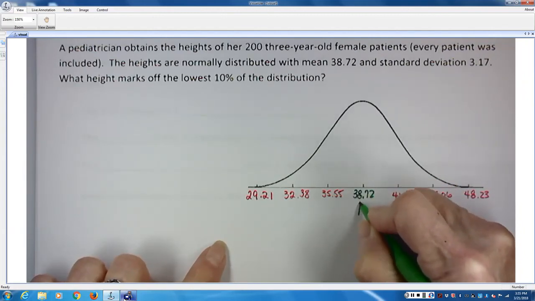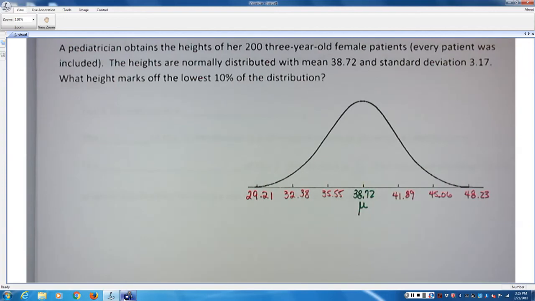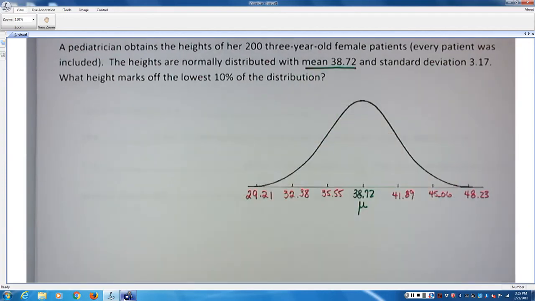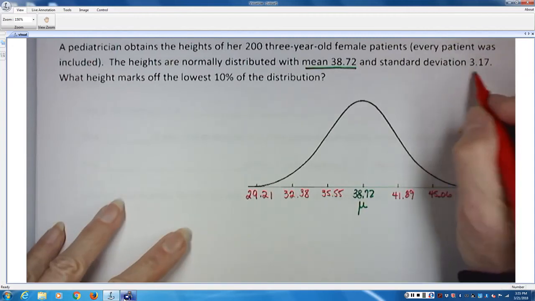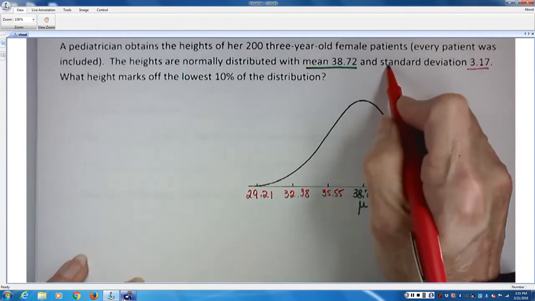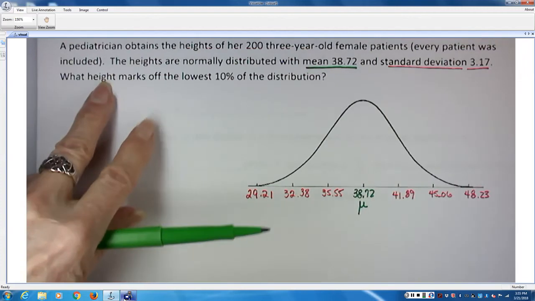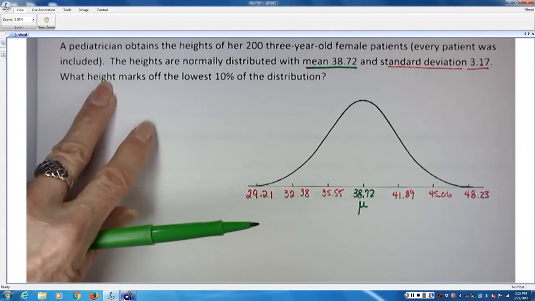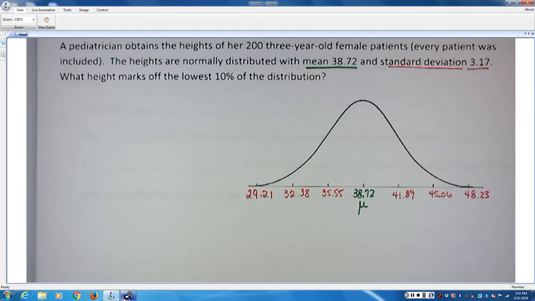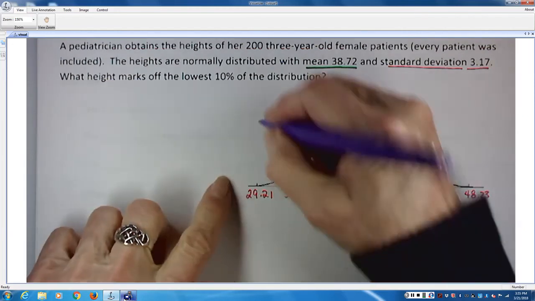So here's our mean. It says the heights are normally distributed with this mean, 38.72, and standard deviation 3.17. What height marks off the lowest 10% of her patients? Well, the lowest 10%, I hope obviously, is going to be in the bottom part of the distribution.